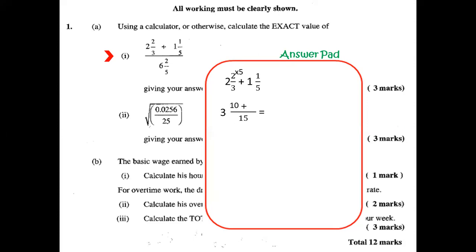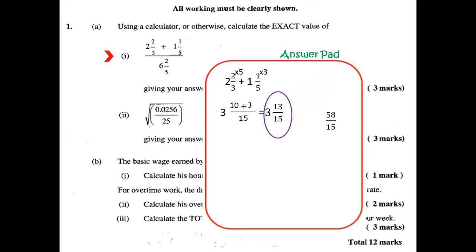And 5 into 15 goes 3 times, and 3 times 1 is 3. 10 over 15 is an equivalent fraction to 2 over 5, and 3 over 15 is an equivalent fraction to 1 over 5. And then from here on, we can go straight to the answer. It's 3 and 13 over 15.